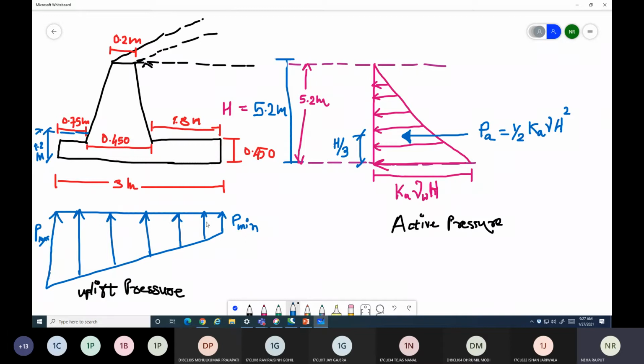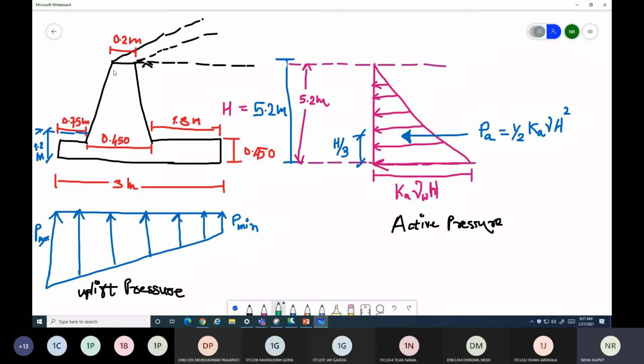So this way you need to first draw, after proportioning, the active pressure diagram and uplift pressure diagram. These diagrams are just qualitative because no values are here. Now after doing this pressure diagram, next will be the distribution of the composite member of retaining wall.